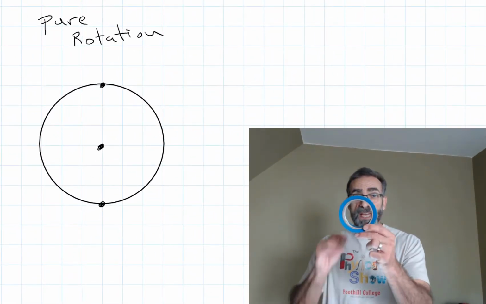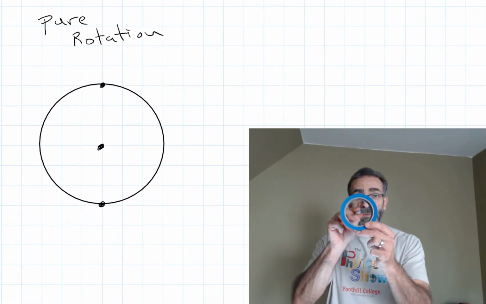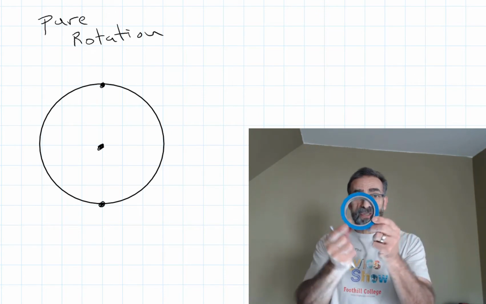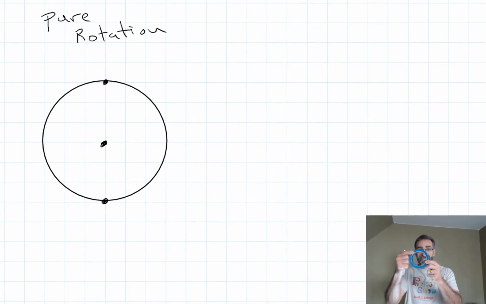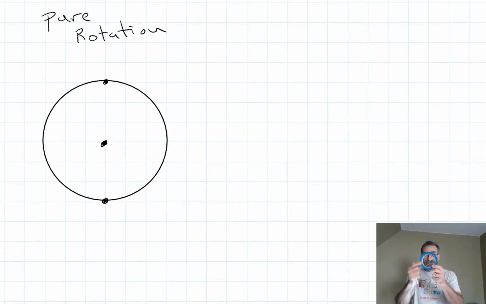So for my roll of tape, the center of my object never moves, but my object just rotates about that center point. Pure rotation, no translation. But every point other than the center is moving because the object is rotating. And the farther away we get from the center, the faster they have to move to complete a revolution in the same amount of time as all the other points on our wheel.